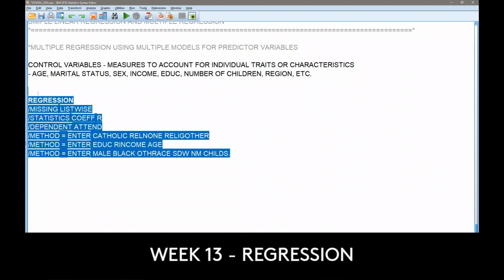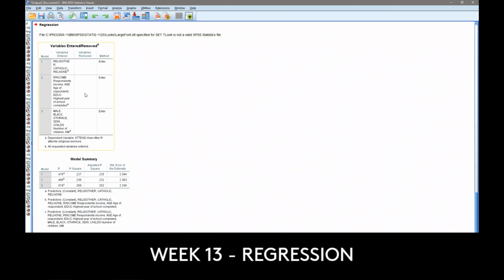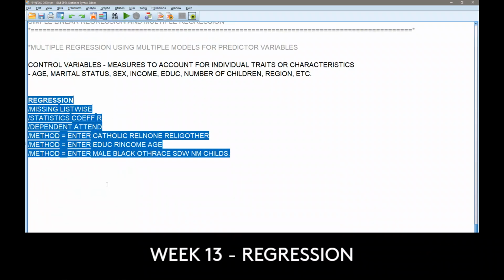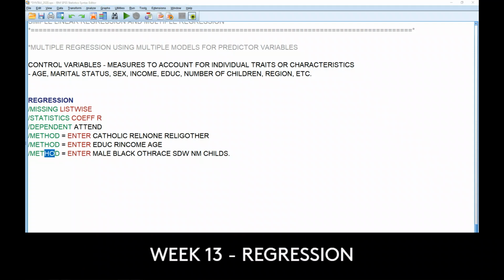All right, so let's go ahead and run this. All right, this top window is telling us the different models that we have created, okay? So if you look at the syntax, we have 1, 2, 3 models.